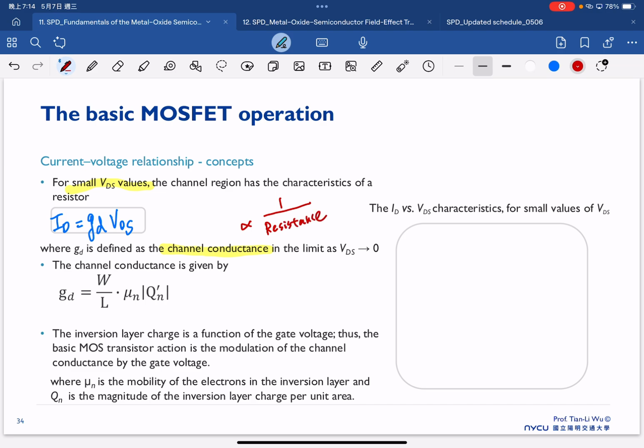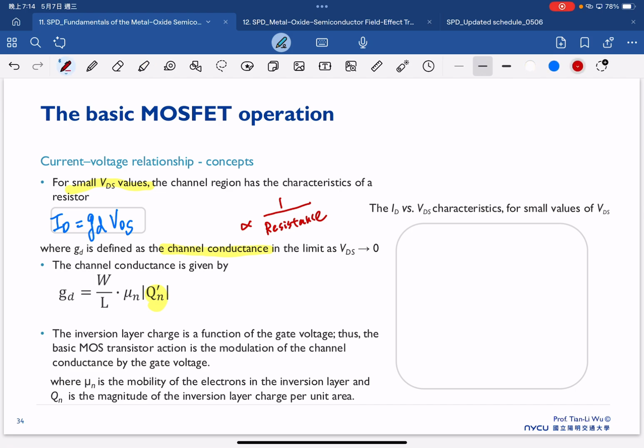For small VDS, the channel region has a linear characteristic, where the drain current has a positive correlation with VDS through GD, the channel conductance. The channel conductance also has a positive correlation with the charge, our channel carrier, that can be induced in the inversion channel.